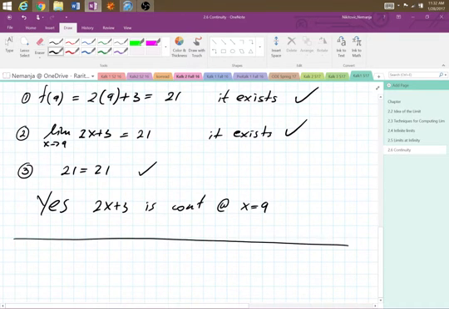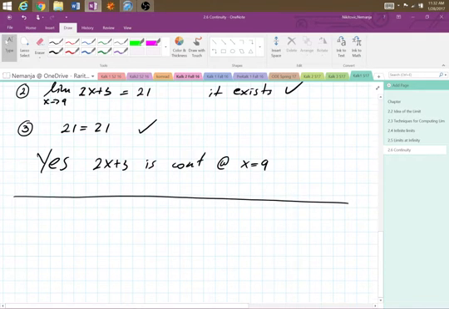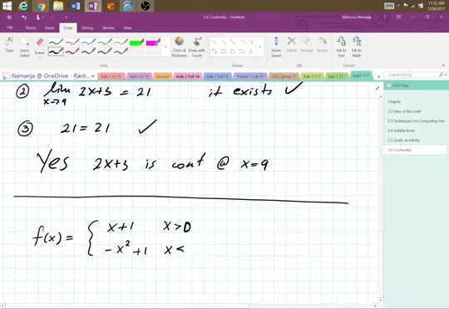All right. Let's check, say, f of x is equal to x plus 1 for all values x larger than 0, and negative x squared plus 1 for all values smaller than or equal to 0.